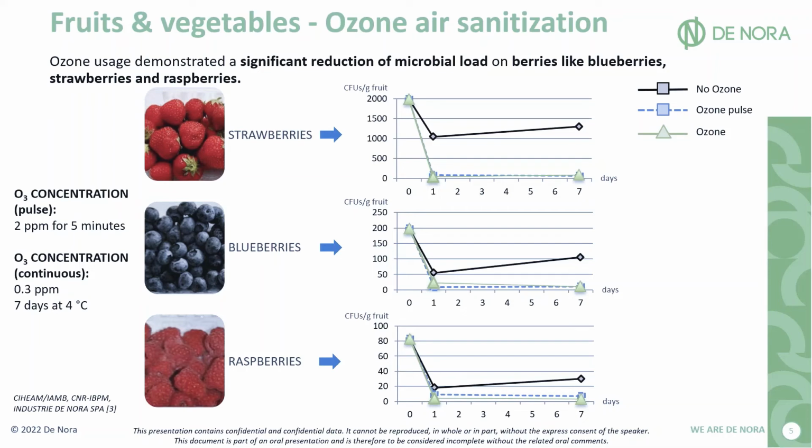The two regimes were 2 ppm for 5 minutes, a high concentration for a short time, and a lower 0.3 ppm applied continuously for 7 days. As you can see, we have good results in both. If you don't use ozone, the bacterial load grows very fast, in particular in this kind of fruit. And if you use ozone, either a high concentration for a short time or a lower concentration continuously for 7 days, you have very good results in both cases.